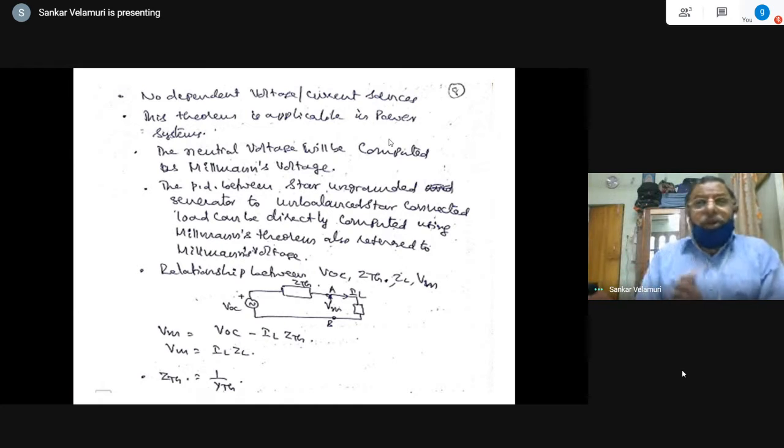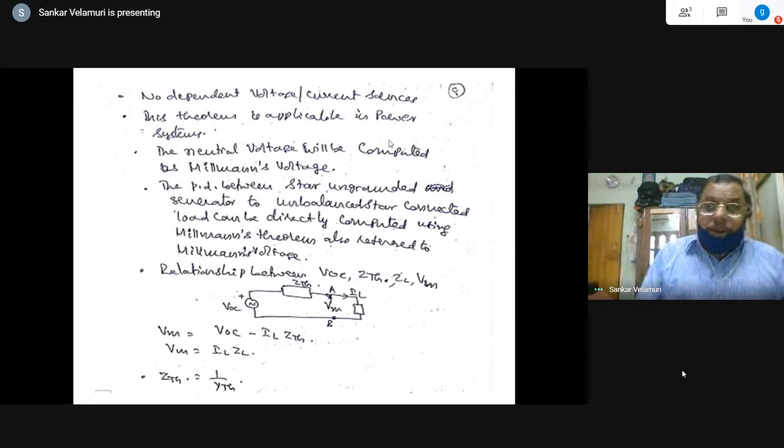If the two star connected ones are not earthed and not connected, then there will be a potential between the two star points. That neutral potential can be directly computed using the Millman's voltage.